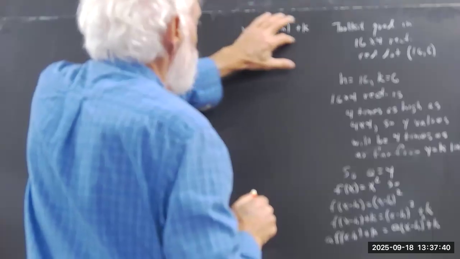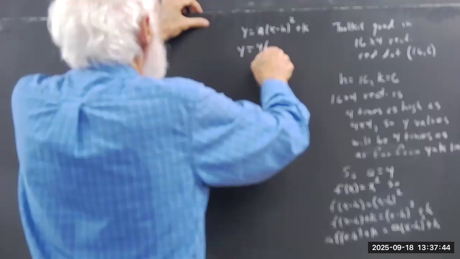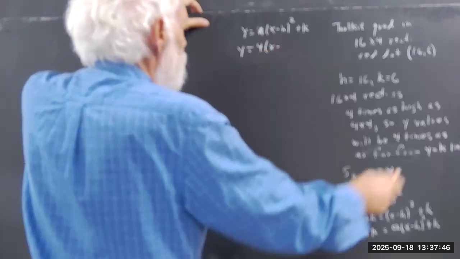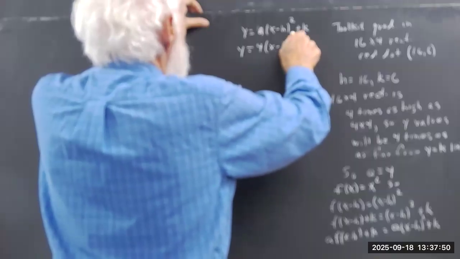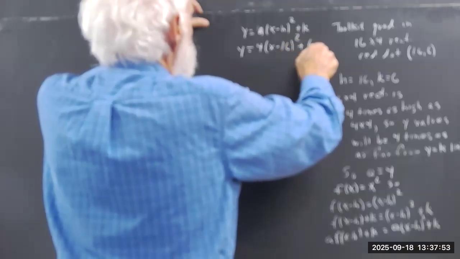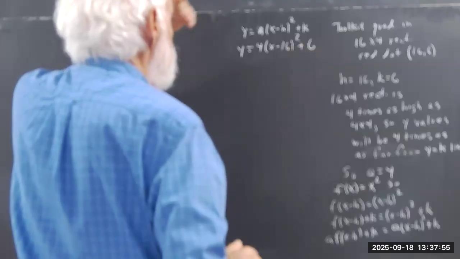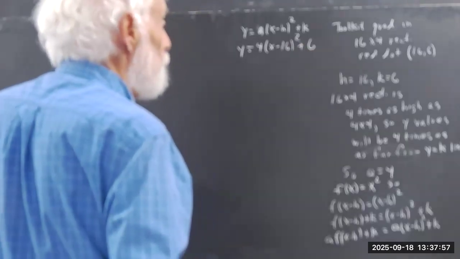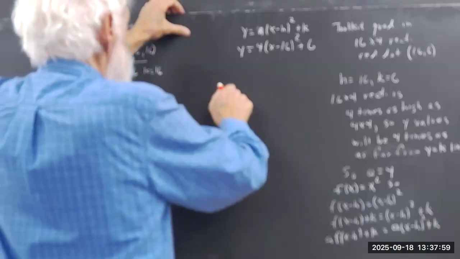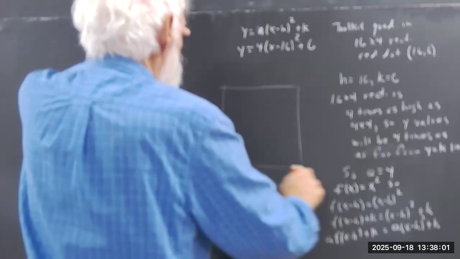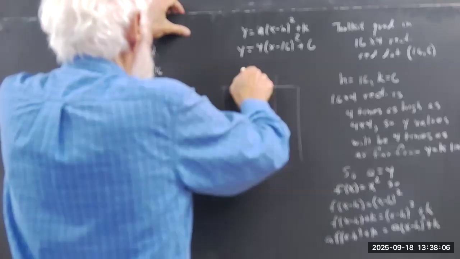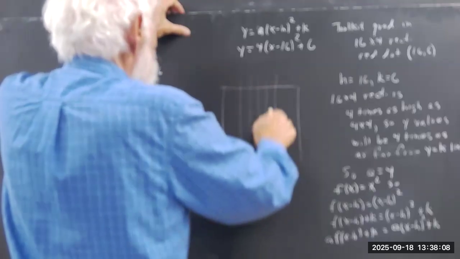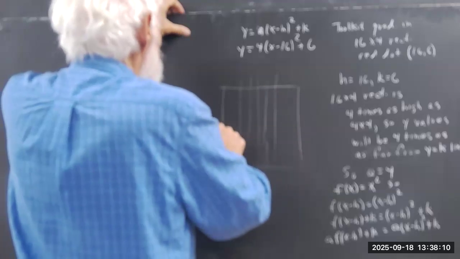I'll leave it as a, h, and k, but now a is 4, h is 16, and k is 6. Which means, I'm going to go ahead and sketch the silly thing. Got a pretty crooked vertical line there. Let's fix that.